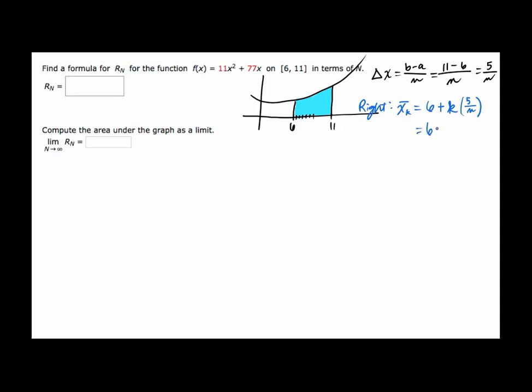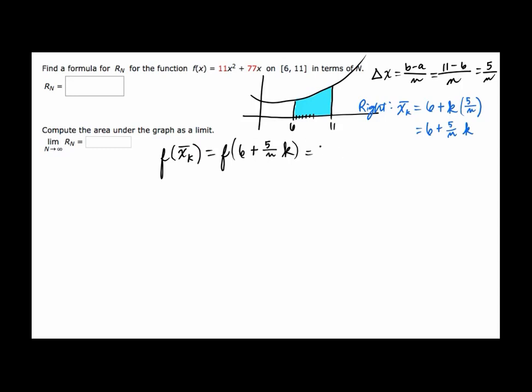Before I take f of xk bar, I'm going to reverse this and write it as 6 plus 5 over n k. N is just a large constant, so 5 over n you can think of as a large coefficient of this index k. All right, so now we're going to take f of that, so f of 6 plus 5 over n k, that's f of xk bar, I suppose I should write.